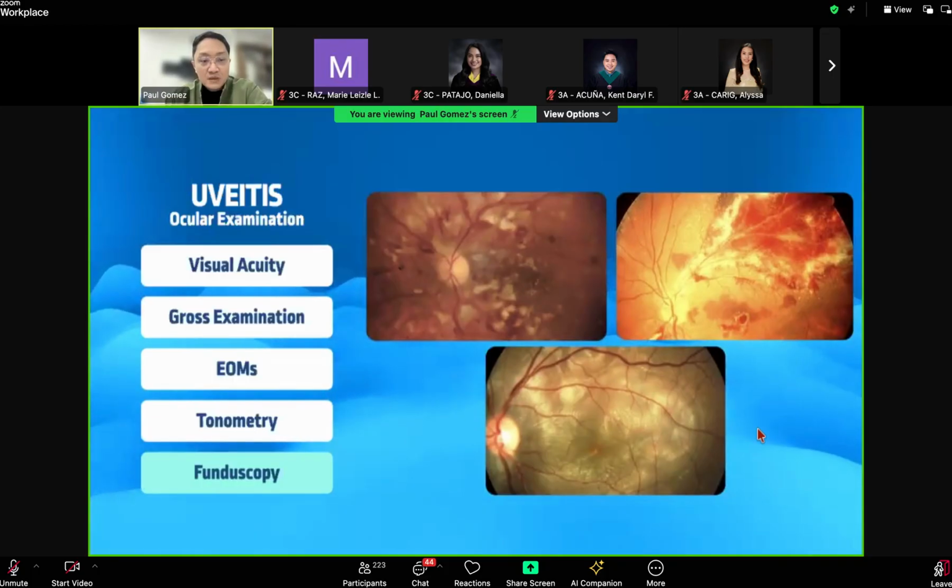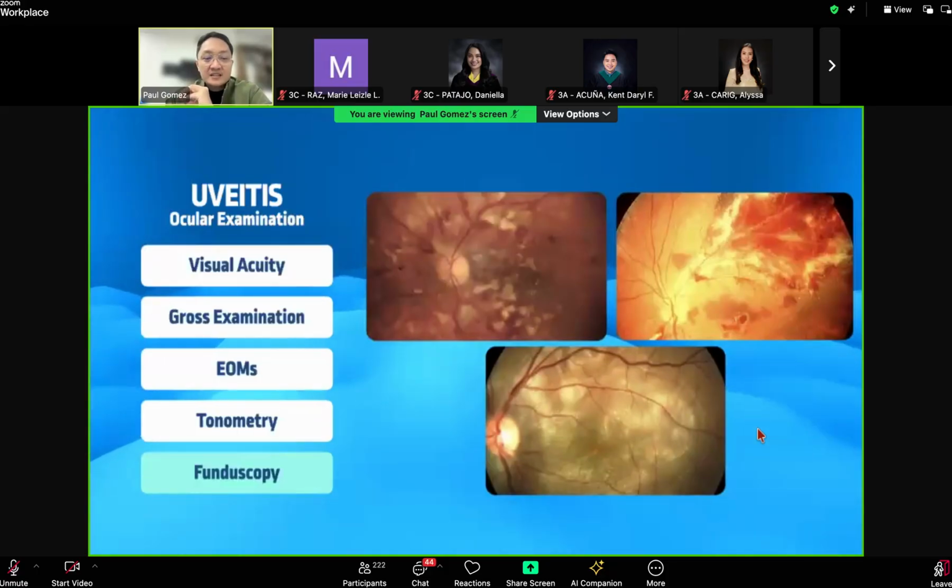So as seen in these pictures, retina findings for uveitic eyes may include the following. For the top left picture, the vitreous may be hazy because of inflammatory cells floating in the vitreous cavity. The top left photo shows white balls, termed as snowballs, that are inflammatory material deposited in the retina.